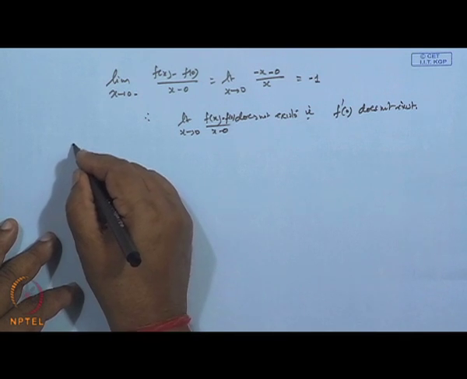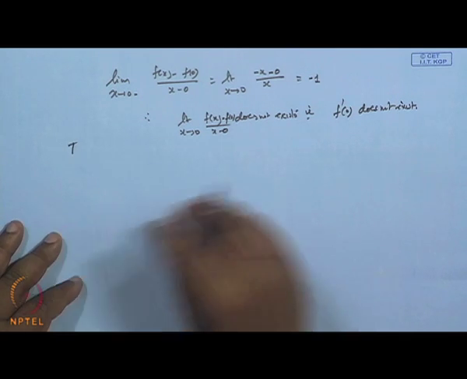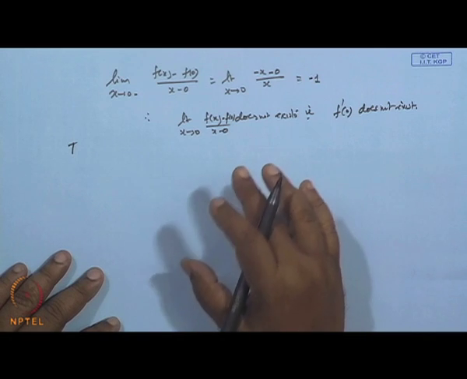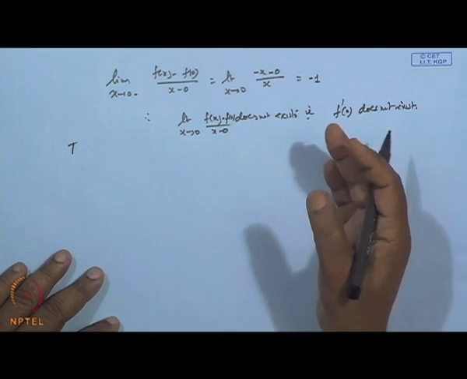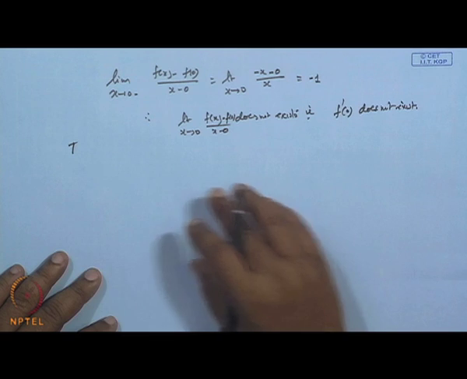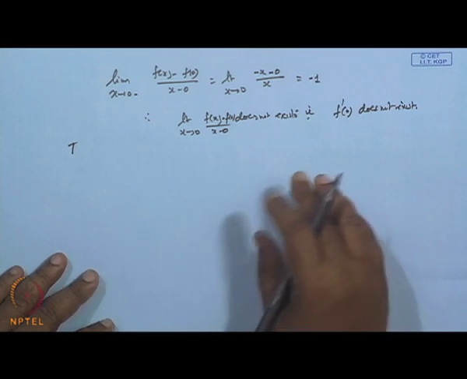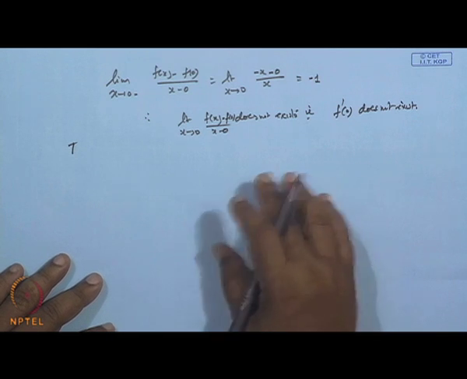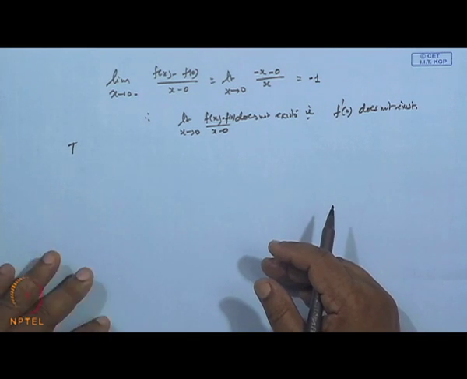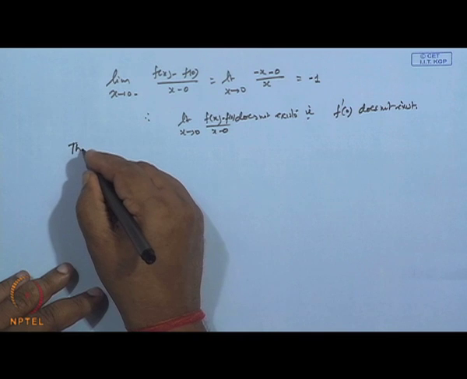Just like in the case of limits and continuity, we have proved that if f and g are continuous, the addition of the two functions is continuous, the subtraction is continuous, and the multiplication is continuous. Similar results hold for differentiable functions.